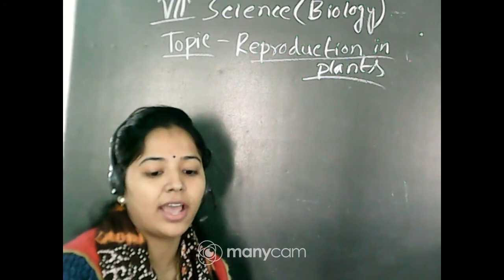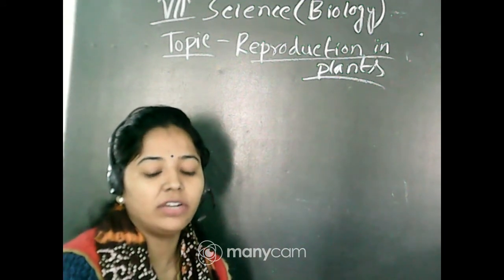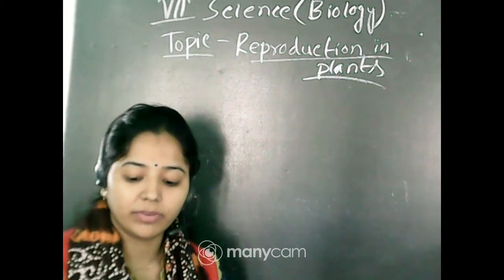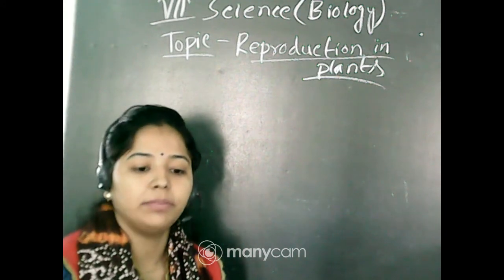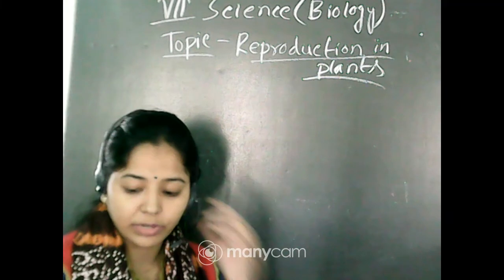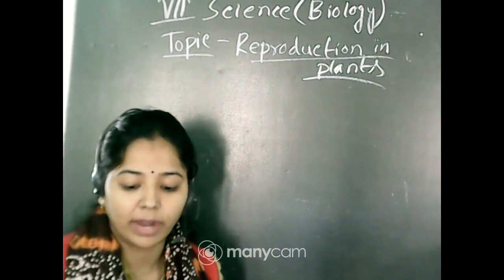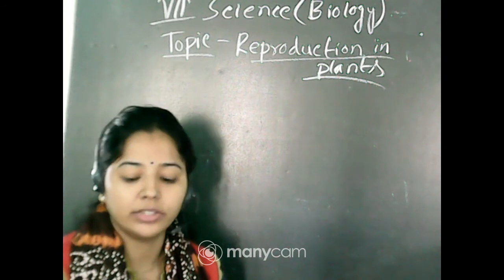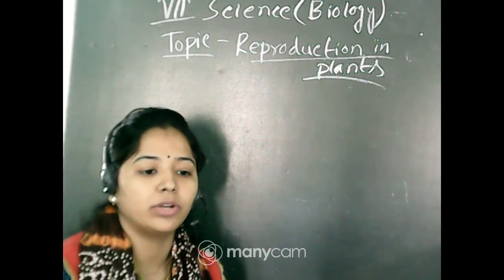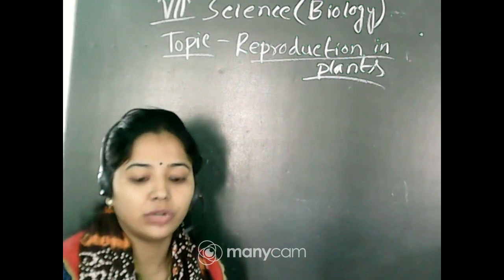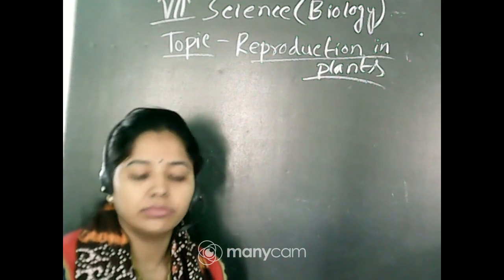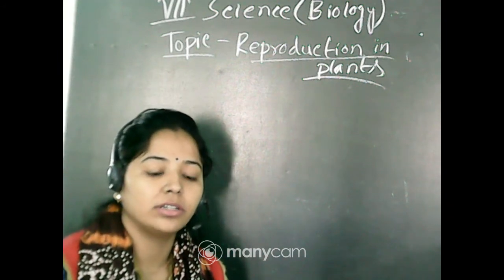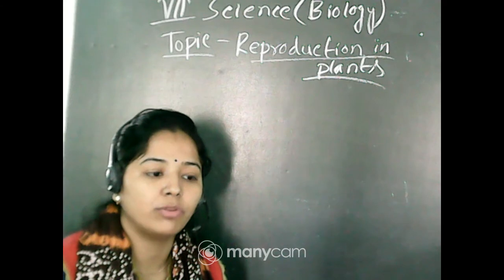I have already uploaded 3 videos of this chapter. Today's topic is Reproduction in Plants, chapter 12 from your NCERT Science book, from your biology portion. One video was the introduction, then asexual modes of reproduction.